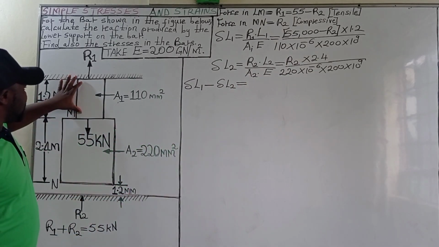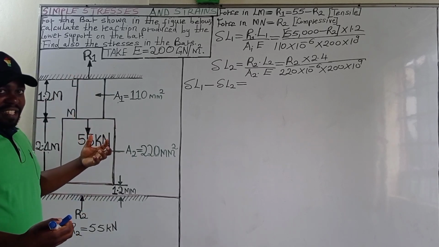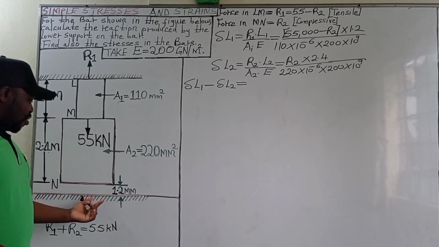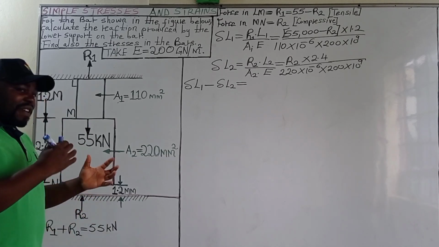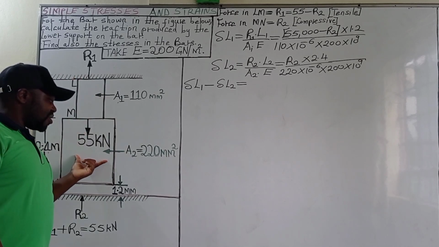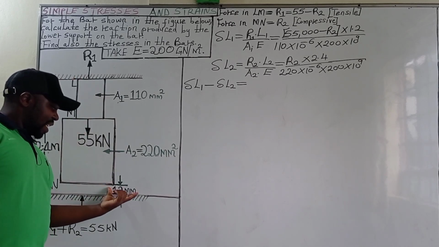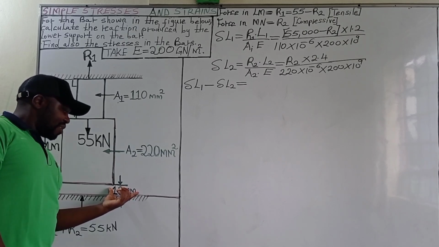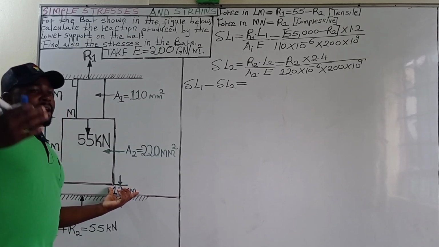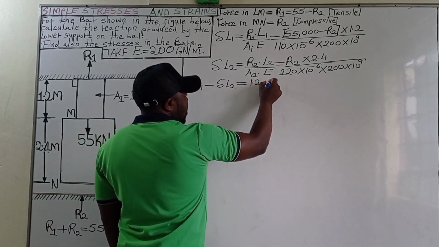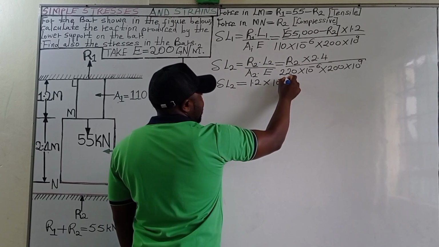So when this bar extends, it will squeeze this lower bar onto this support. When you find the difference between the extension on this support minus the contraction on this support, you are going to get this space of 1.2 millimeters. So when we convert this to meters, we are going to have it as 1.2 divided by 1,000, or 1.2 times 10 raised to the power of negative 3.